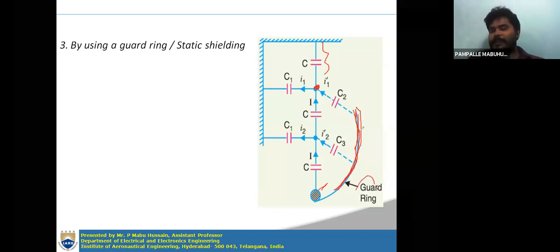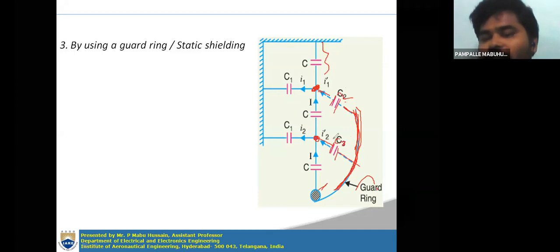This is metal, and between two insulators you also have metal fittings. Between this metal fitting and this guard ring you have air as a dielectric medium, so there exists a capacitance here. Let us call that capacitance C2. Between every metal fitting and this guard ring there exists a capacitance, so these are C2, C3.